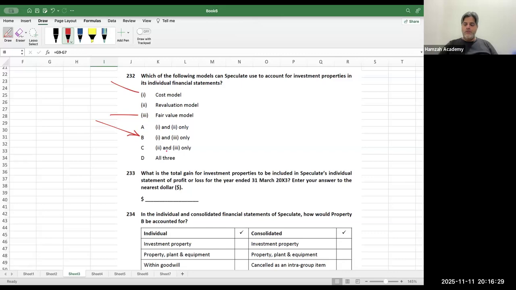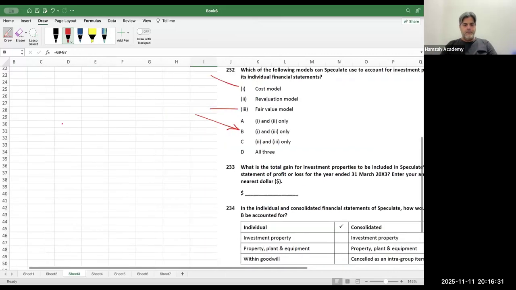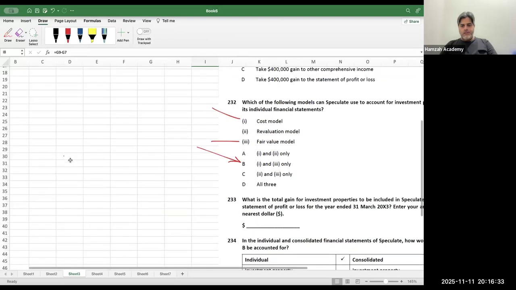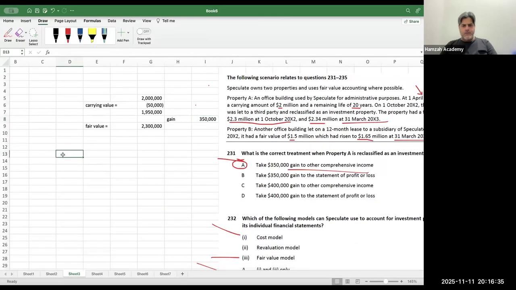So in the individual accounts, let's just go up and solve it over here and then we'll paste it down. So we have this 2.34 and this is the value at 2.3 now. So this is going to be property A. 2.34 million minus 2.3 million.